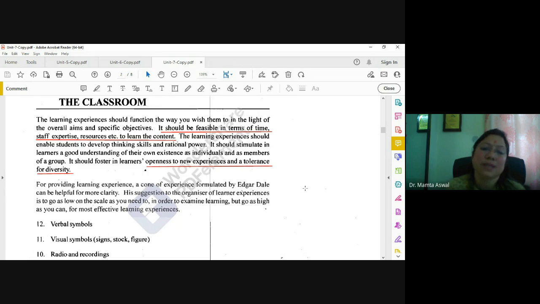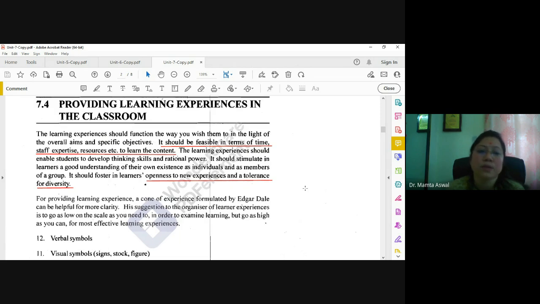What is the expertise of the staff, the teachers? Are they able to organize things? If there is a musical competition, does your school have a music teacher, a dance teacher, a teacher who could help in sports, or a fine arts teacher? These things are important when we talk about providing learning experiences in the classroom.